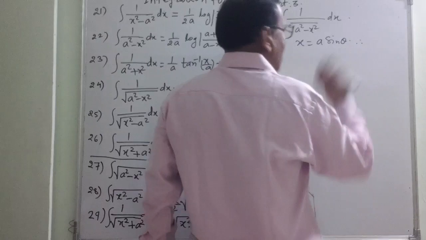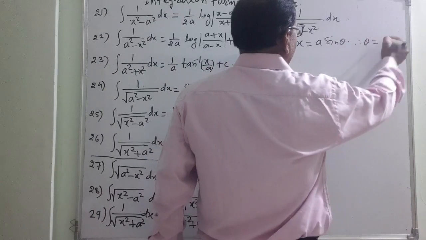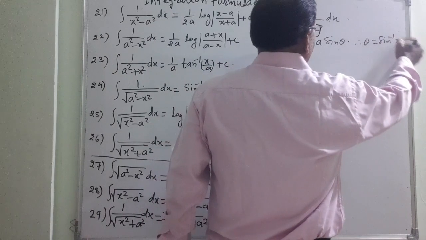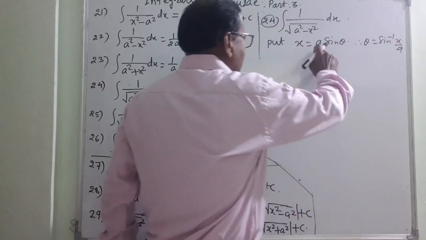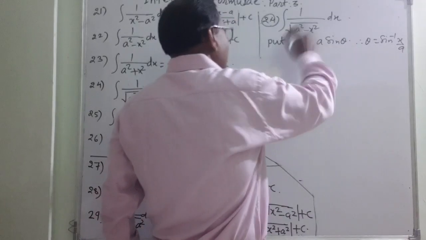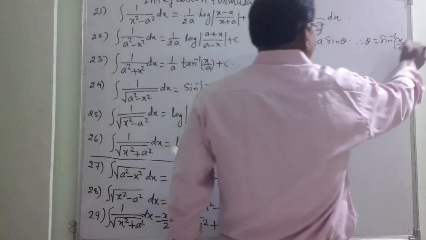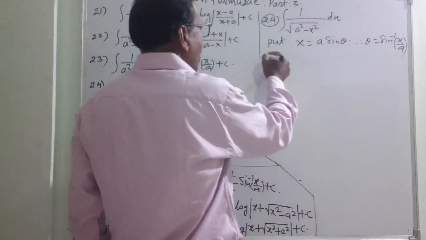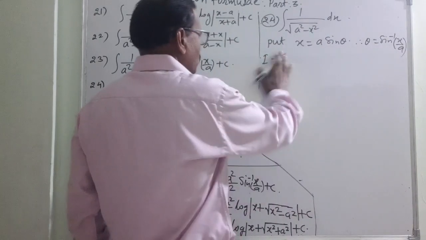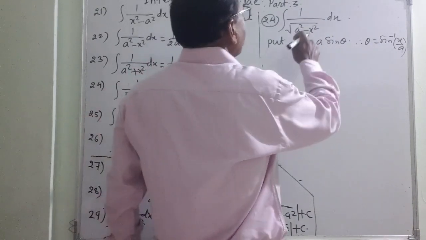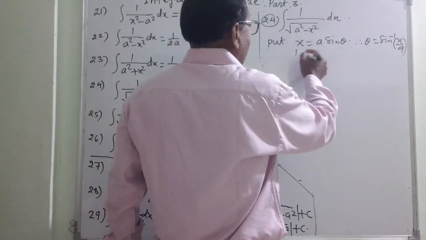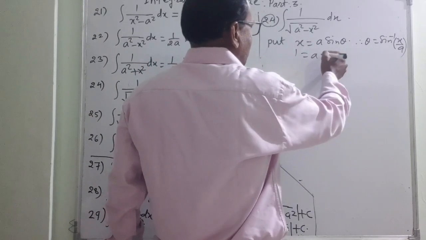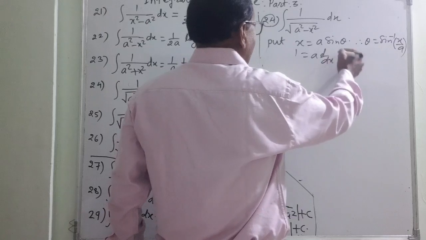Therefore, now you are expert. Theta is equal to sine inverse of x upon a. How do you know this is x upon a? Sine is brought here, sine inverse x upon a. So I is equal to, derivative I have to take. Derivative of x is 1, a is constant, d by dx of sine theta.